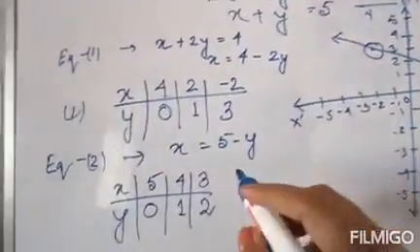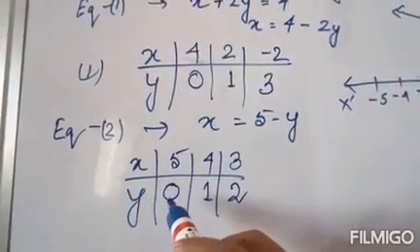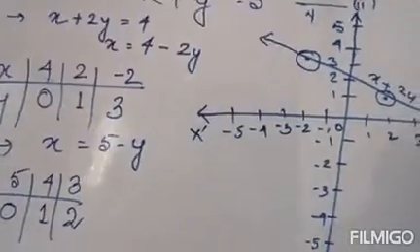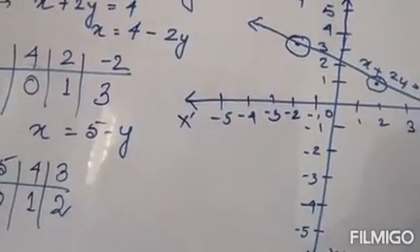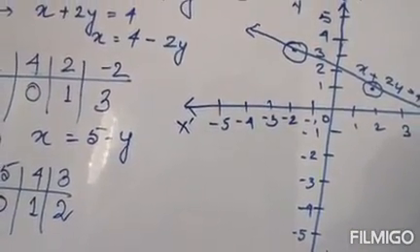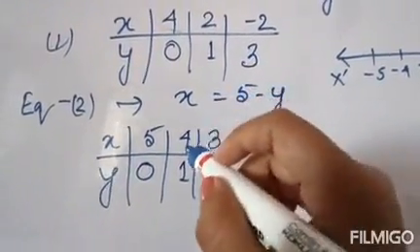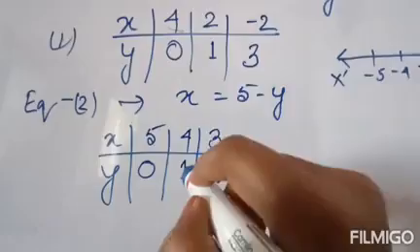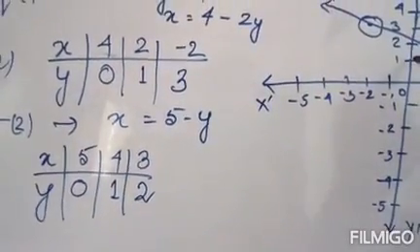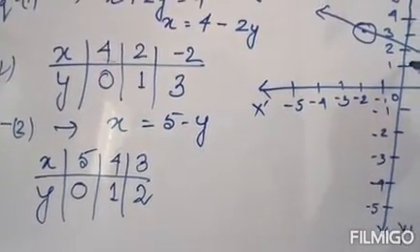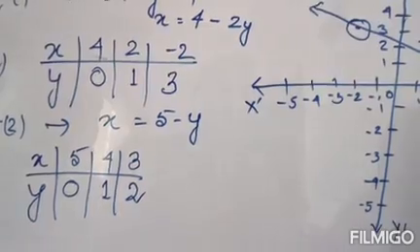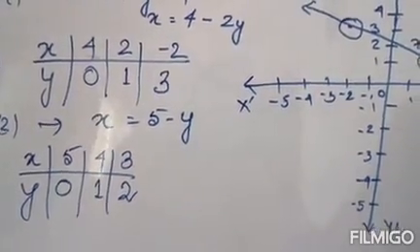Second one, when y is 0, x is 5, which means over here. When y is 1, x is 4, that means over here.